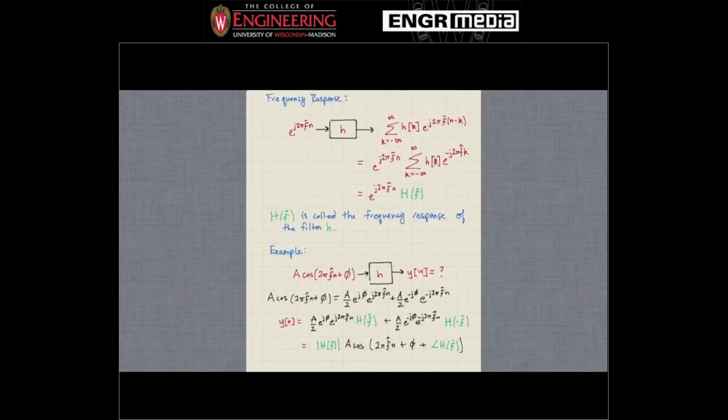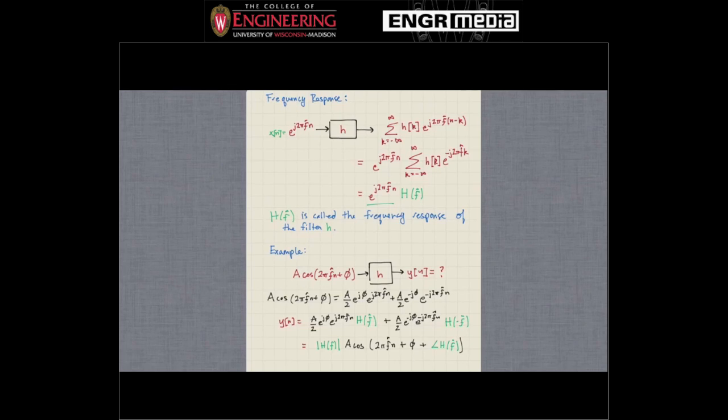Okay. So I've written what was on the last page a little more explicitly here. Same idea: the input is a complex exponential, our input signal x of n. The output we get ends up being x of n, the same thing we input, times some number h of f hat, which is called the frequency response of the filter.